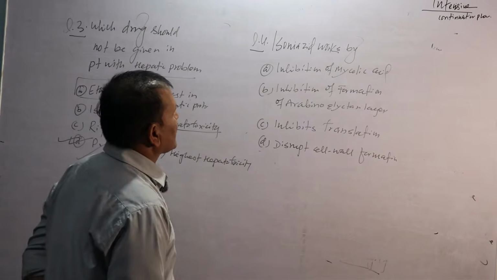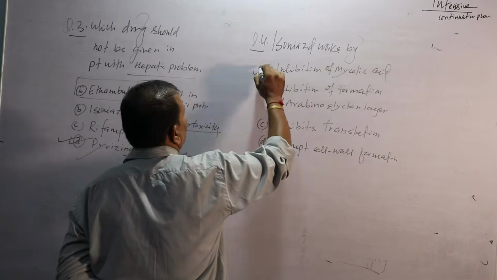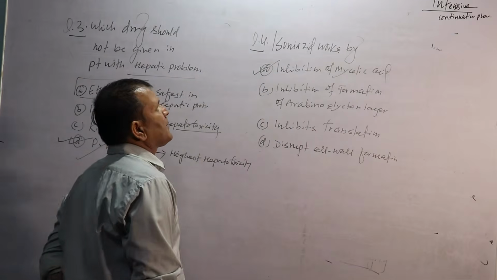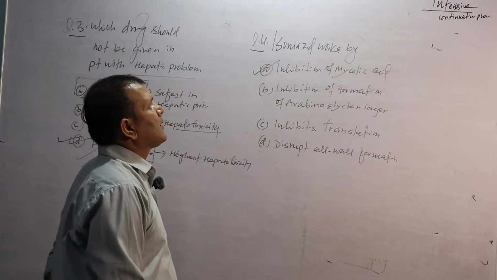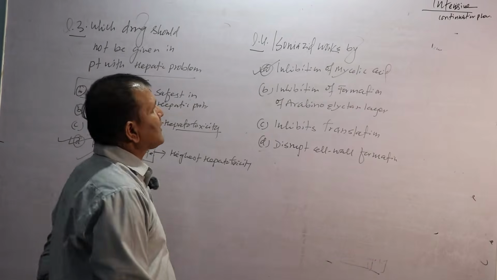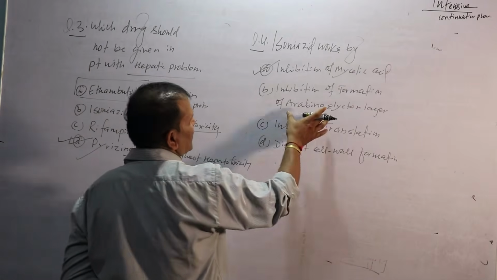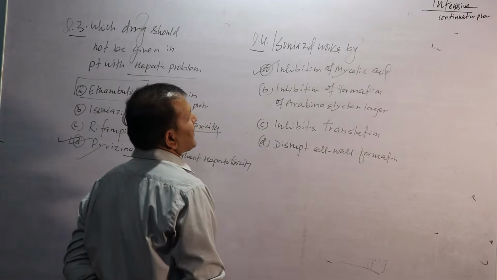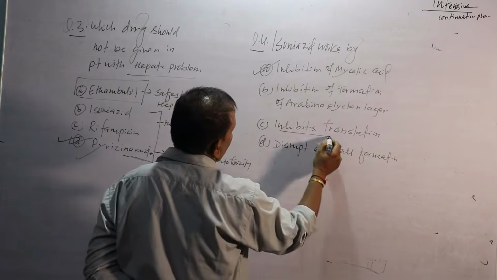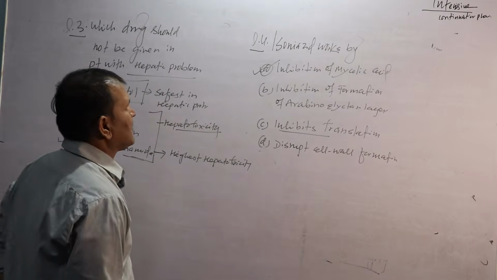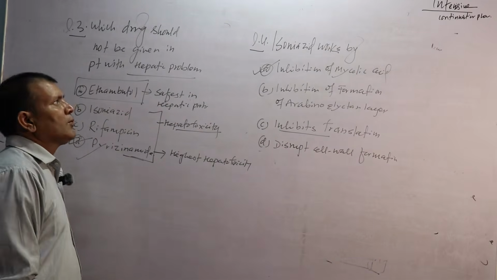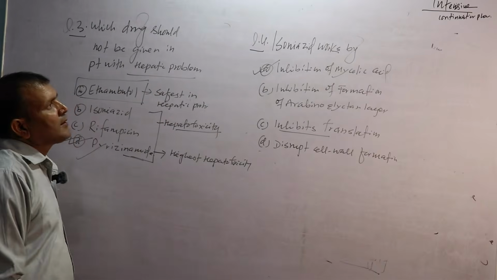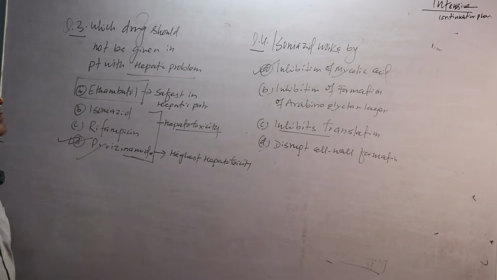Among these options, mycolic acid synthesis is the primary site of isoniazid. Inhibition of formation of the arabinoglycan layer is a function of ethambutol, not isoniazid, and translation inhibition is like streptomycin. So we take option A, inhibition of mycolic acid.